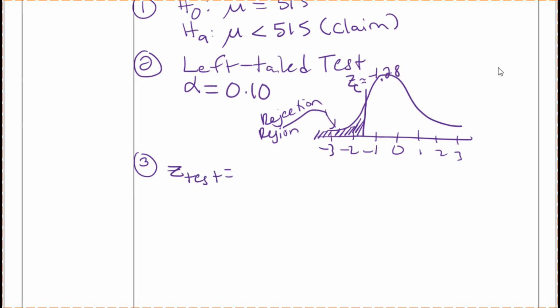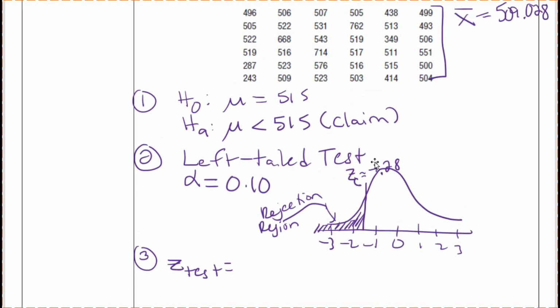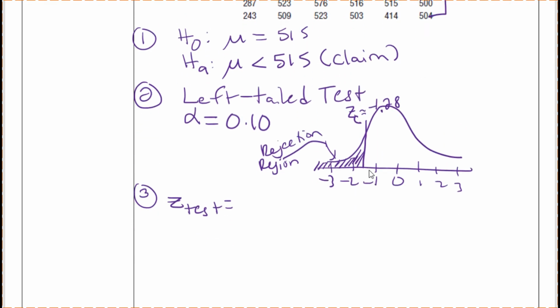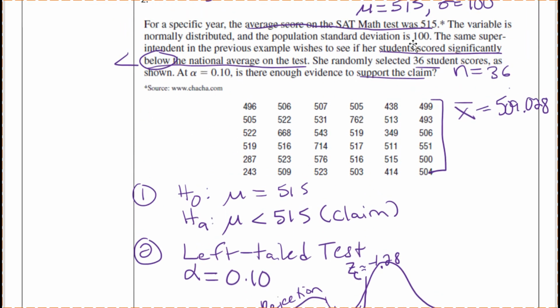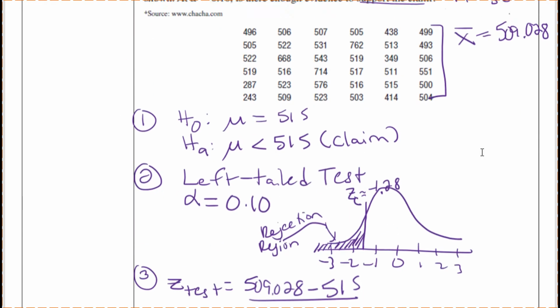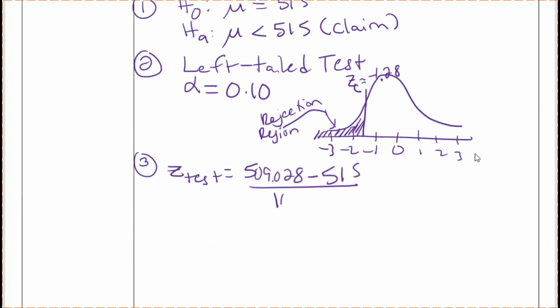We're going to use the formula x bar minus mu, so it's 509.028 minus mu, which is 515, over sigma divided by square root of n. Sigma in the problem is 100, and n is 36.